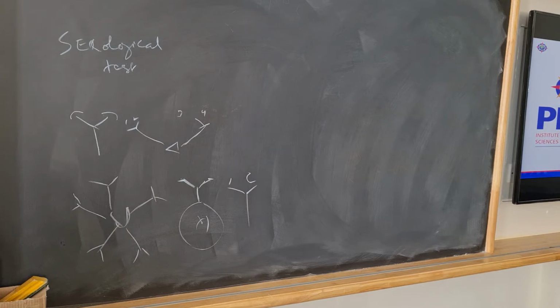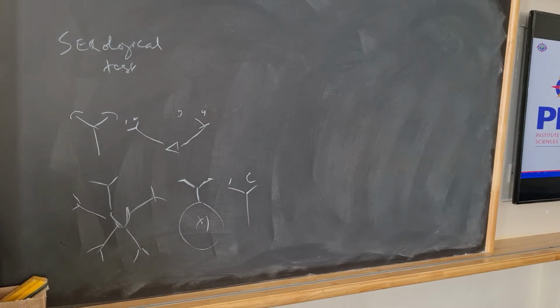IgM has got 10. IgE has got 2. IgD has got 2. Okay.